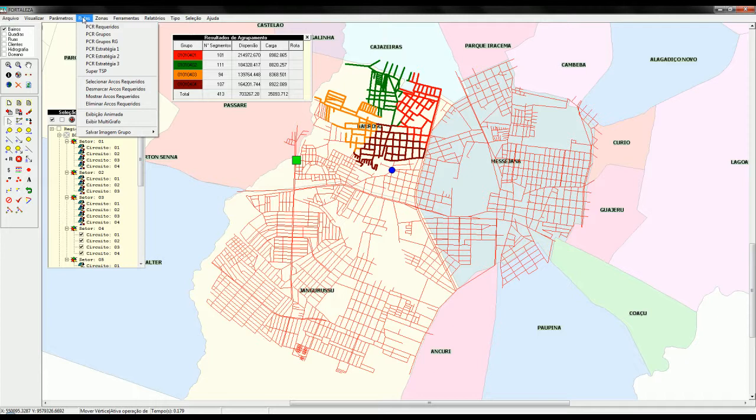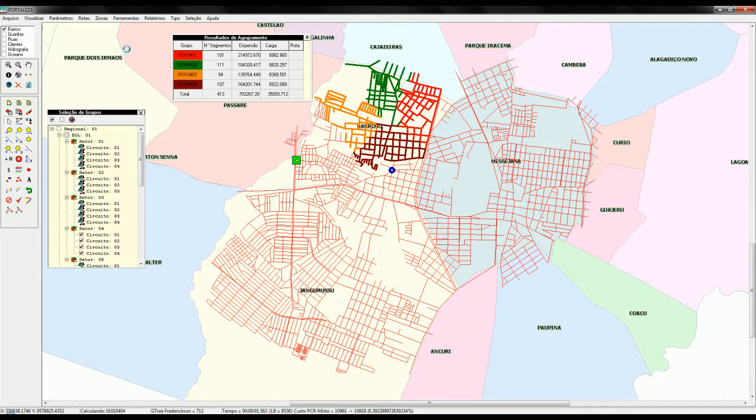Strategy 3 considers the same giant tour as the previous, but a cluster is processed while the truck is following the tour. Finally, it reprocesses the routes between a garage and disposal site for each cluster of street segments. Let's use strategy 1 once we have already made the circuits of sector 4.